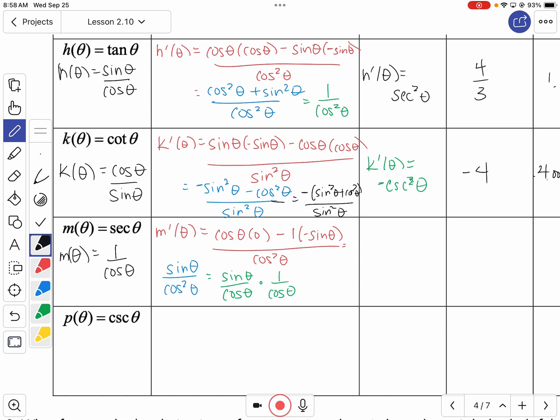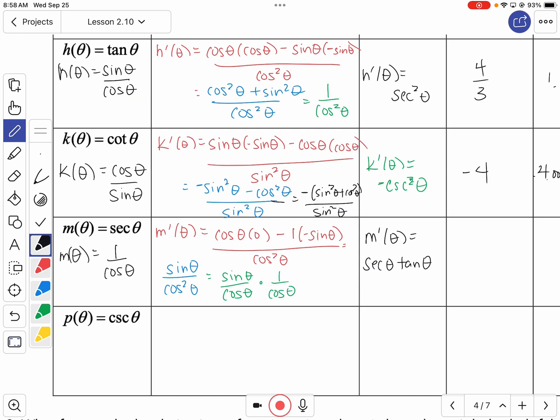Tangent. And 1 over cosine is the same thing as what? Secant, what we started with. And so m prime at theta is going to be secant tan. So we just use that property of fraction multiplication for secant and tan. We just simplified it.